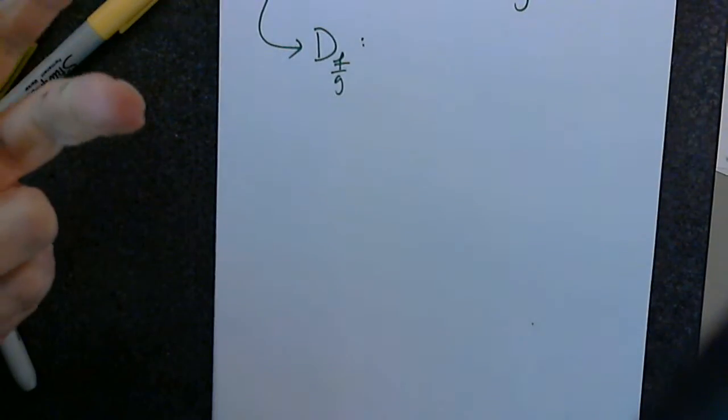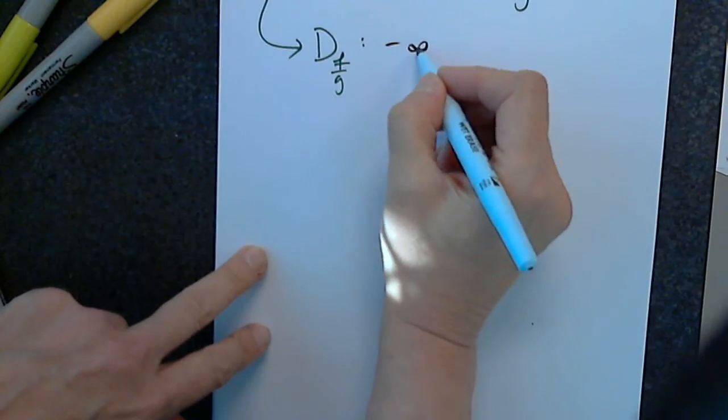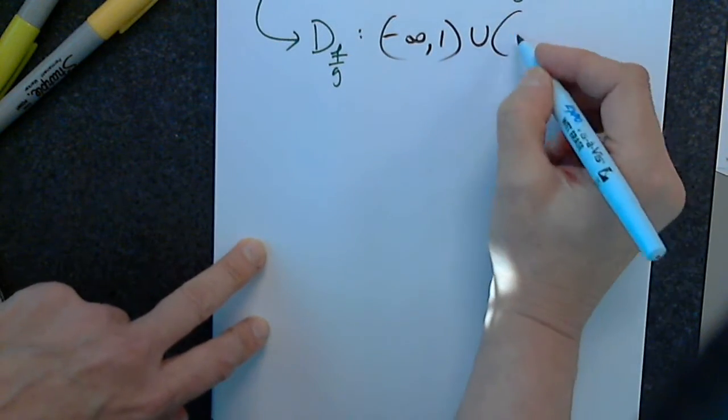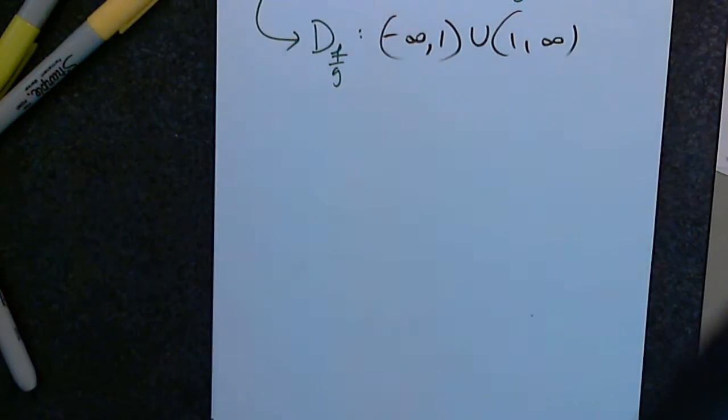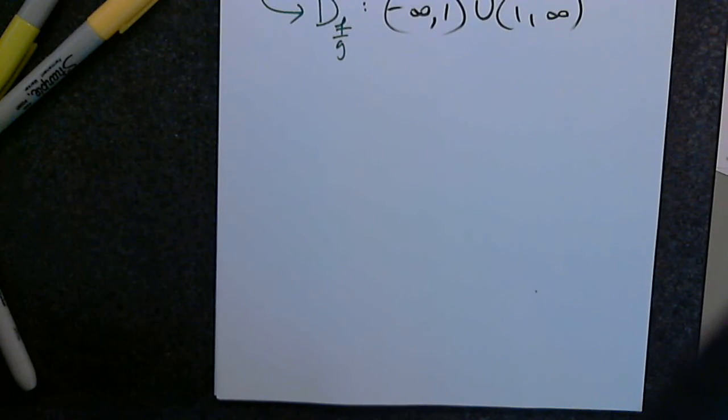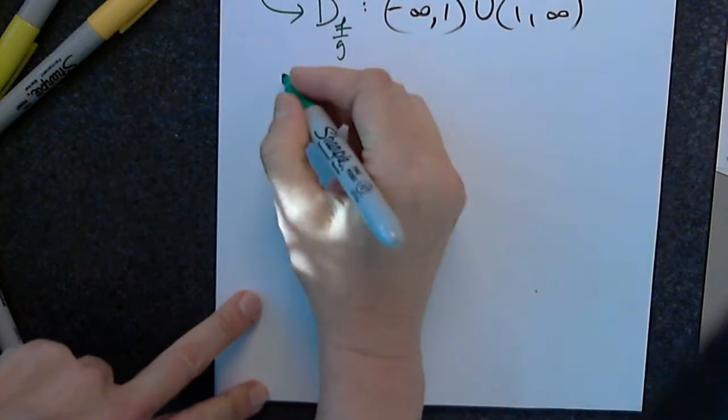How do I write that? Very good. Union. So this is the domain of this function. In other words, in plain English, everything but 1. Well done.